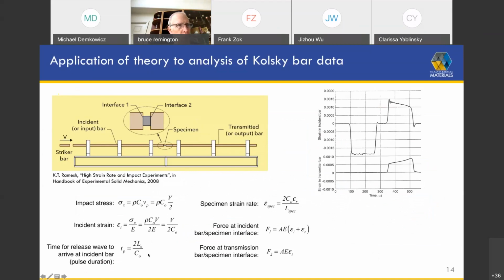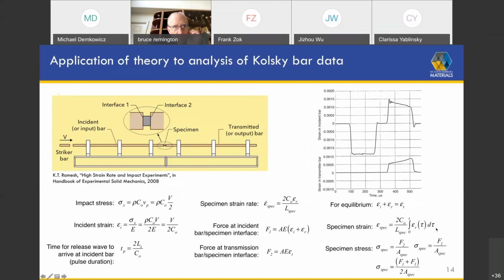That's going to depend on the wave speed of the bars and the specimen length. In principle, you can get to very large strains if you make the specimen very short, because you can put some finite amount of displacement between these ends. And if you have a very thin specimen, then your displacement, divided by the specimen length, is going to be very large. So in principle, you can get to very large strains.